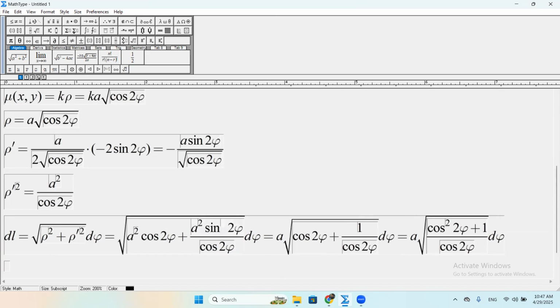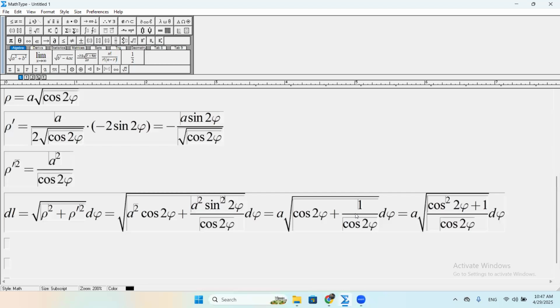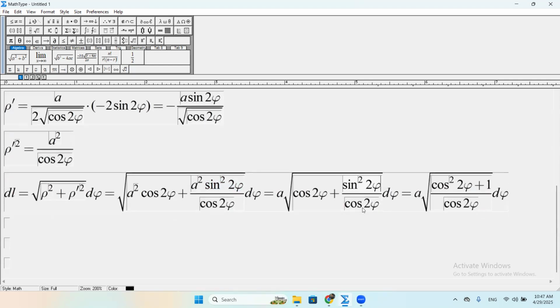It should be sine square of 2 phi, and here as well, sine square of 2 phi. And here I need to multiply, so cosine square of 2 phi plus sine square of 2 phi, of course, will be such expression.